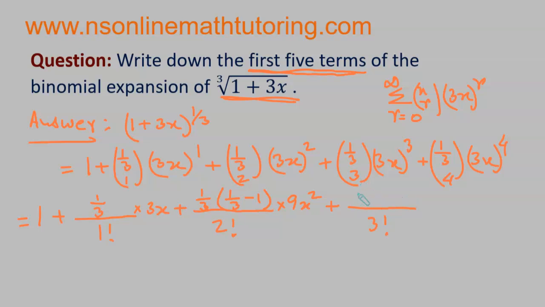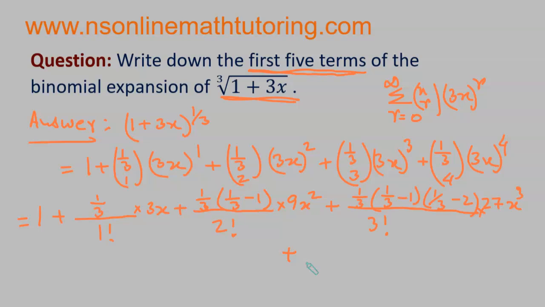We will be having 3 factors in the numerator: 1/3, 1/3 minus 1, 1/3 minus 2, and 3 cube is 27, x cube.